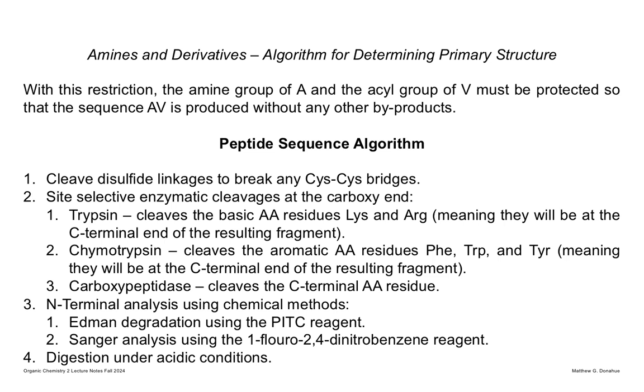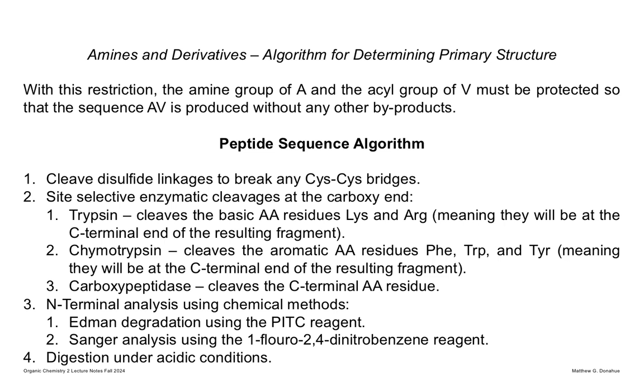So in summarizing, you know, the concept of sequencing or figuring out the primary sequence, the first thing that you'd actually do is treat with the peroxyformic acid to cleave any cysteine linkages.